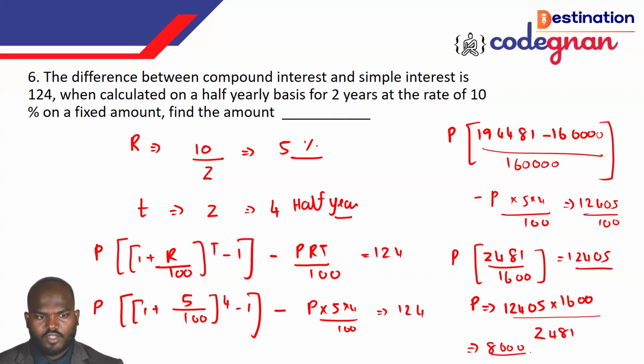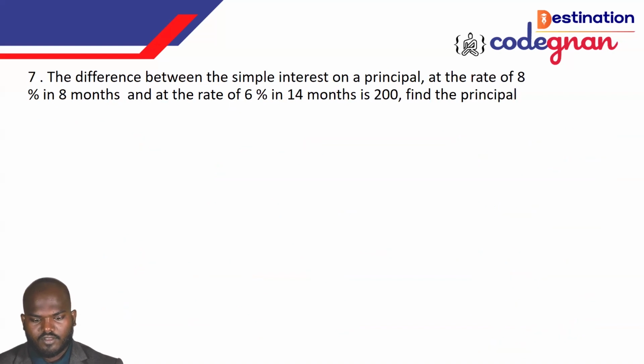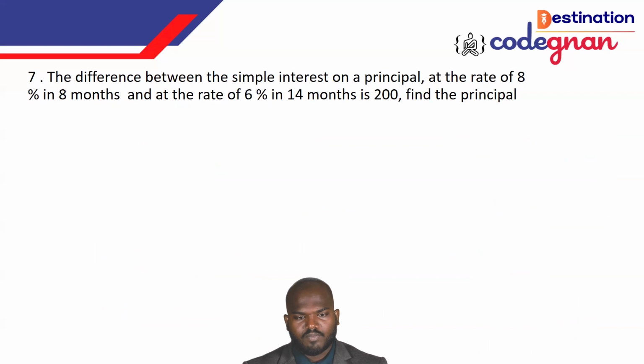So going to the next question, guys, they are giving that the difference between the simple interest on a principal at a rate of 8% in 8 months and at a rate of 6% in 14 months is 200. So find the principal. R is equal to 8% and the time is 8 months, which is 8 by 12, that is 2 by 3.